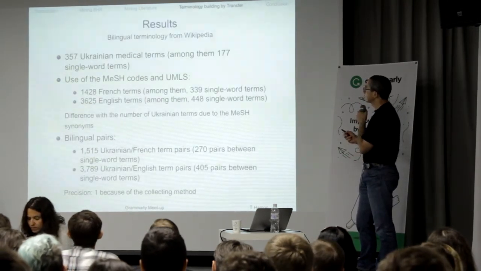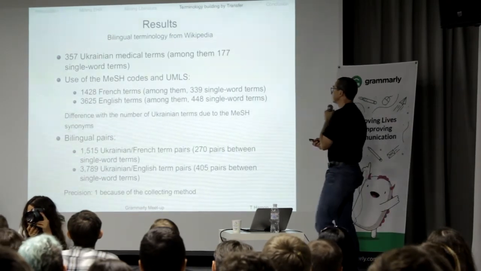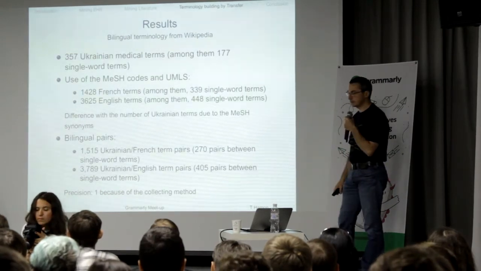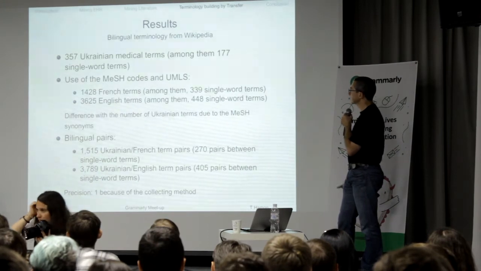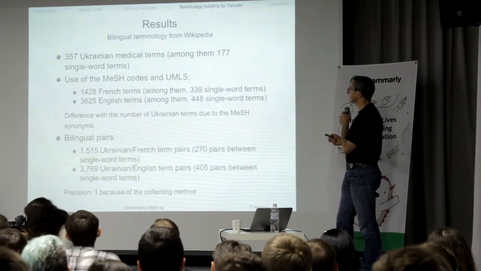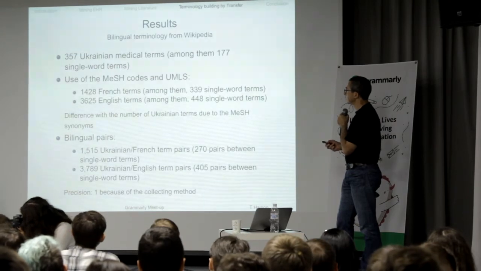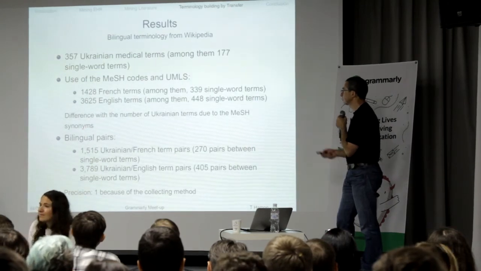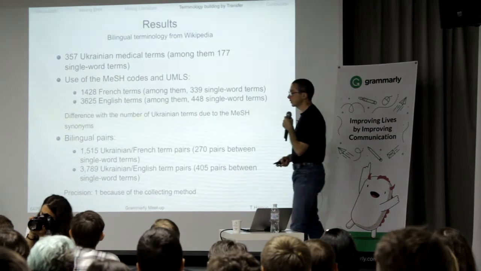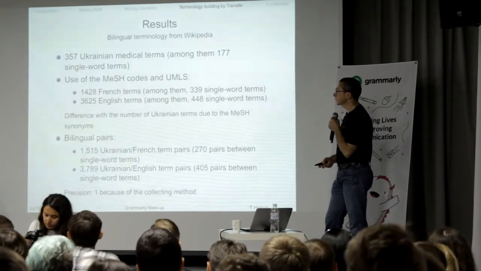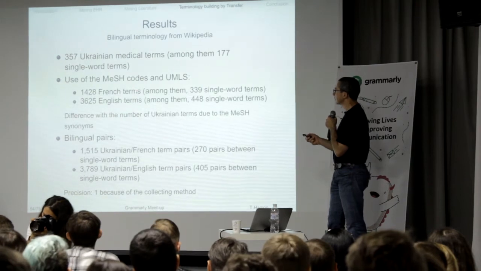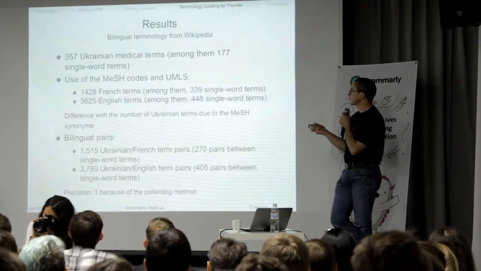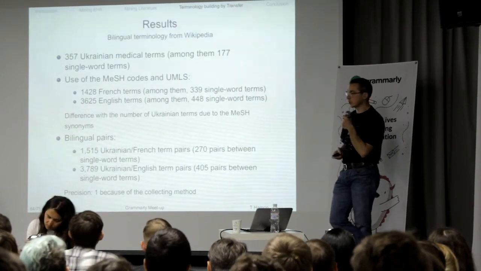For the bilingual terminology from Wikipedia, we just extract 357 Ukrainian medical terms. One third are single-word terms, and we use MeSH codes, and it gives 1,400 French terms and 3,600 English terms. The difference in number is due to the synonyms in the English MeSH or the French MeSH.